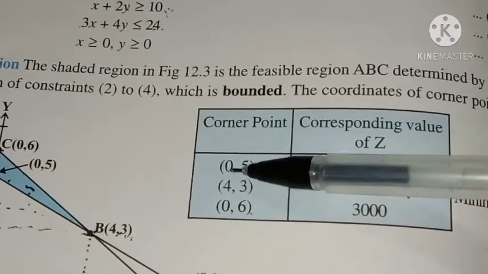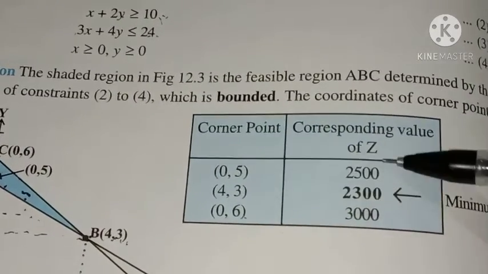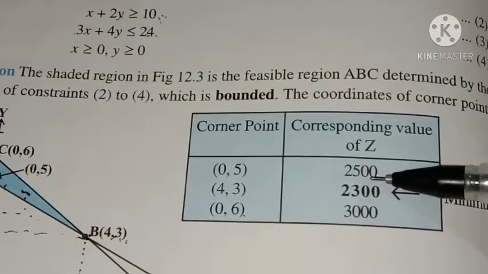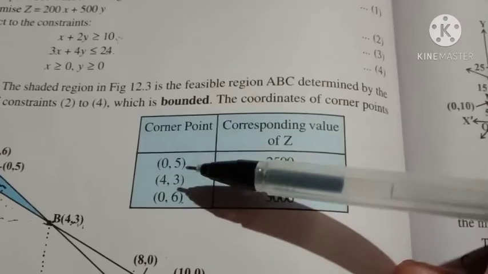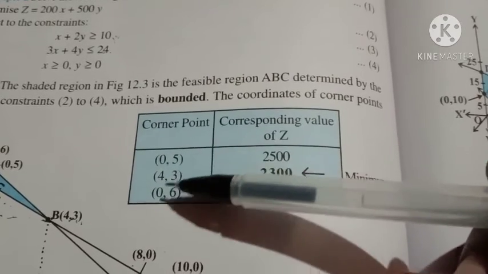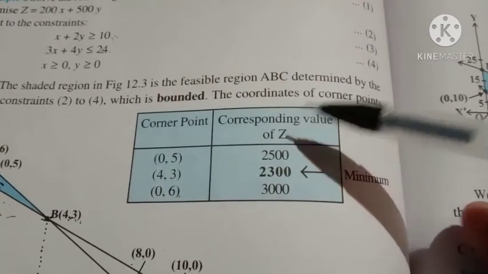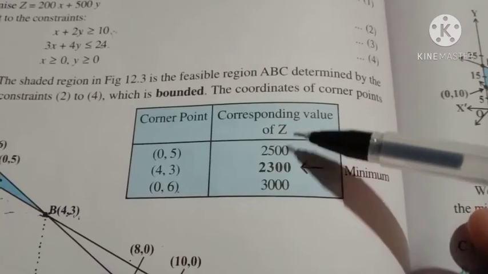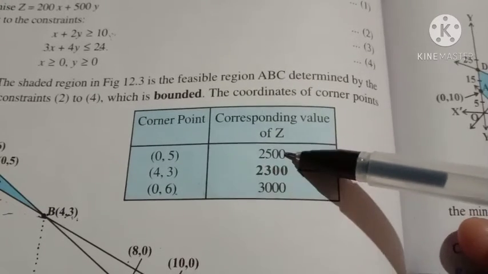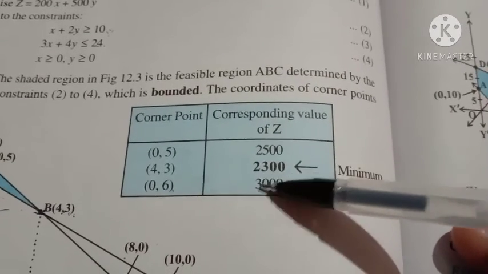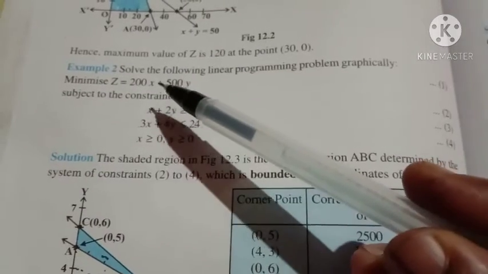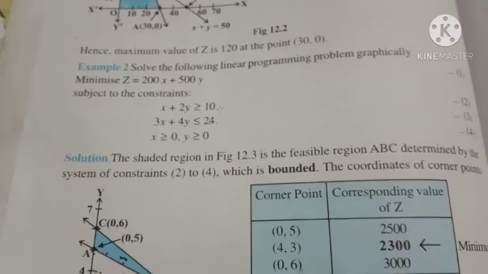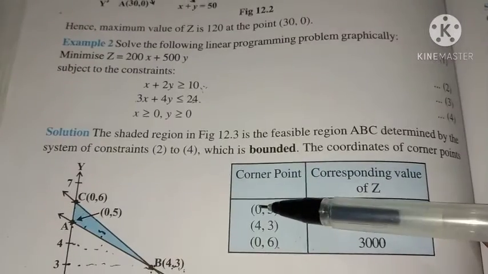When x = 0 and y = 5, Z becomes 2500. At these corner points, the corresponding values are 2500, 2300, 3000.